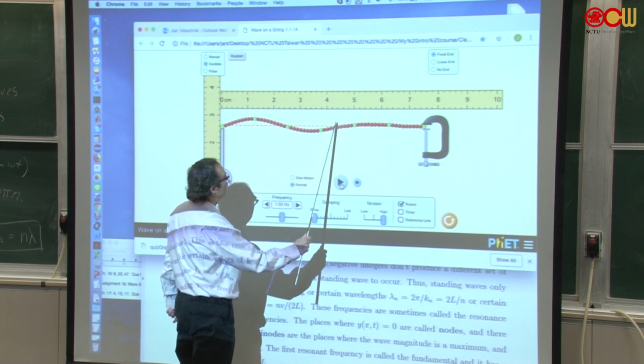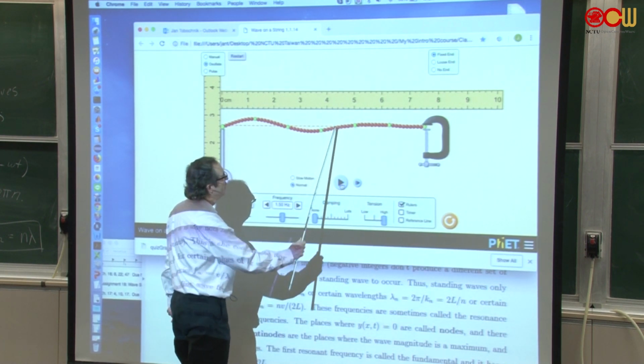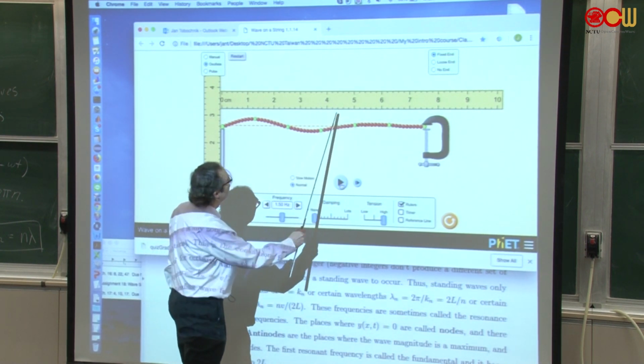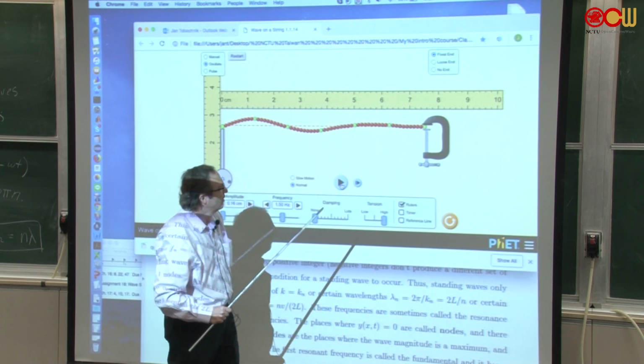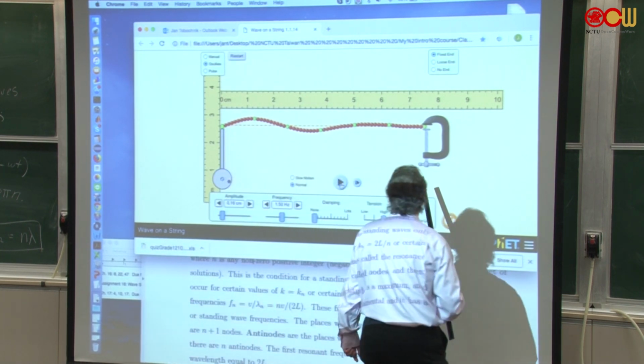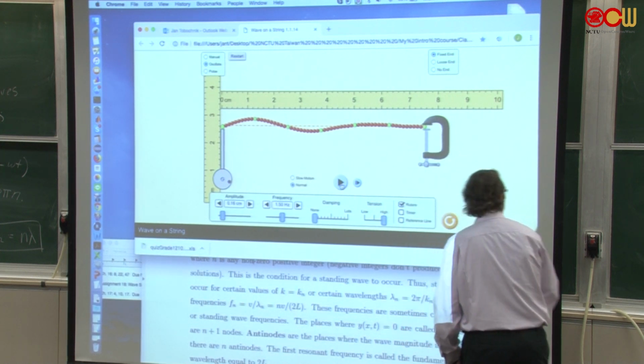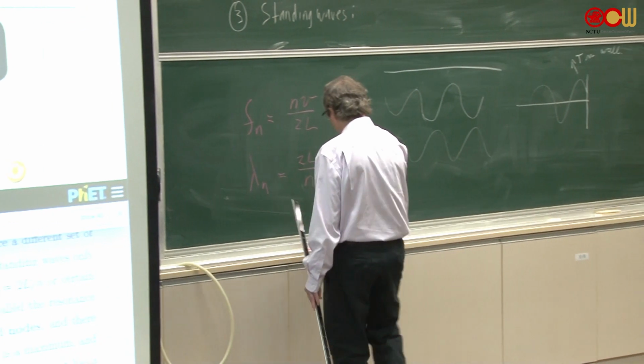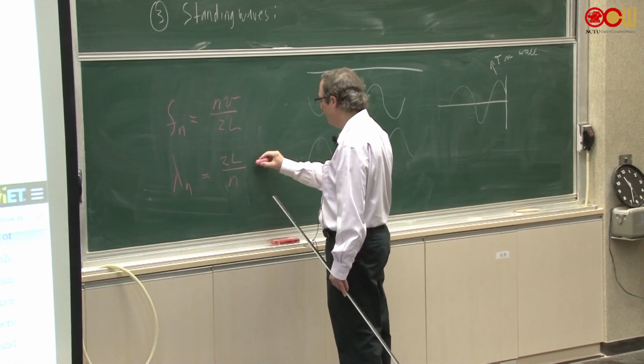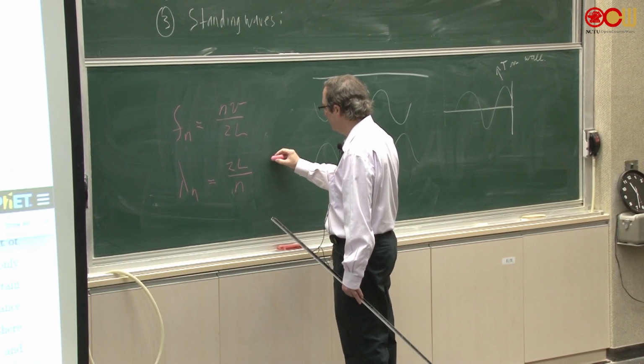So it's around 4.2. Everybody agree? Or 4.4? Right there is 4.4. Okay. What's L is about 7.5, something like that. So we have 2L is 15.